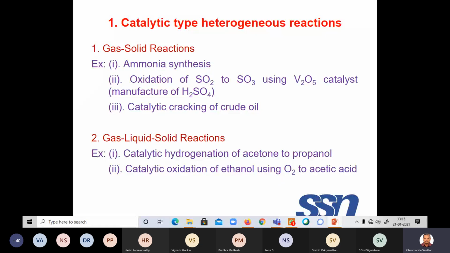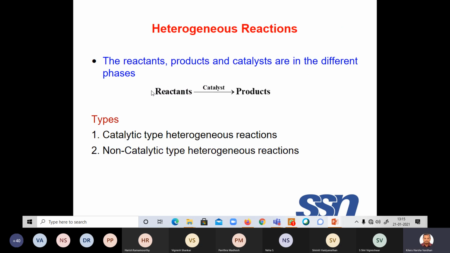These two reactants are reacting over a catalyst surface. That is vanadium, not vanadium, I think it is Fe2O3. That's a salt. So these two reactants are sitting on a catalyst surface to take part in a reaction to give you ammonia, which is a gas again. So in gas solid reactions, the reactant is a gas.